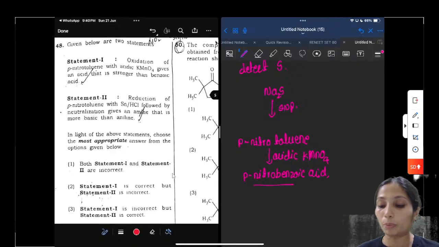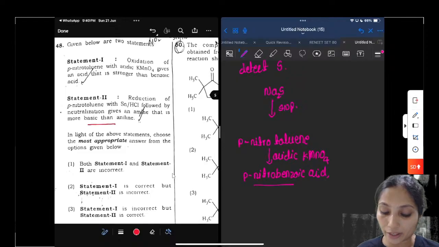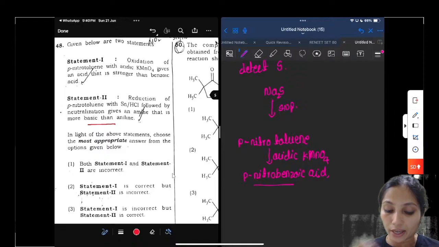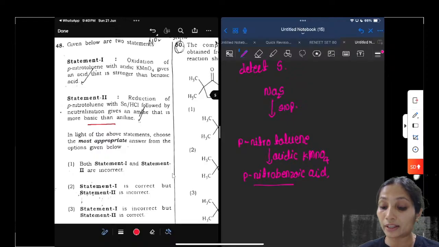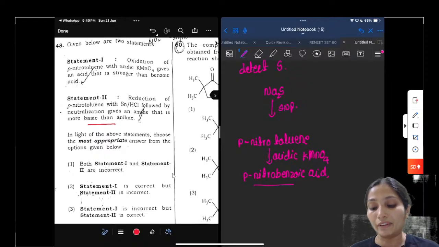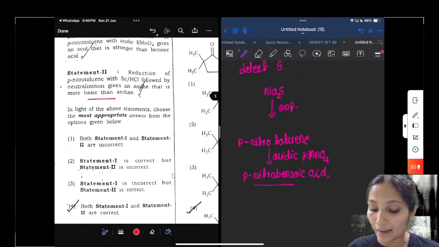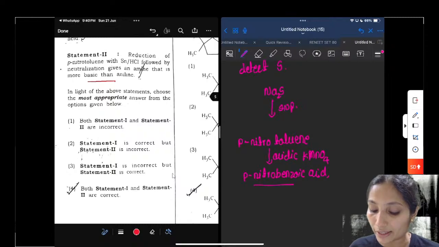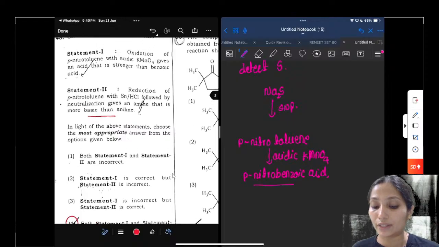We get the CH3 group over there, which is electron donating, and it will become more basic than aniline. That is because of the plus I effect, which increases the electron density. Because of the increase in electron density, it will be more basic in nature. So both statement 1 and statement 2 are correct. Which one is the correct option then? Option 4 is correct for this question.